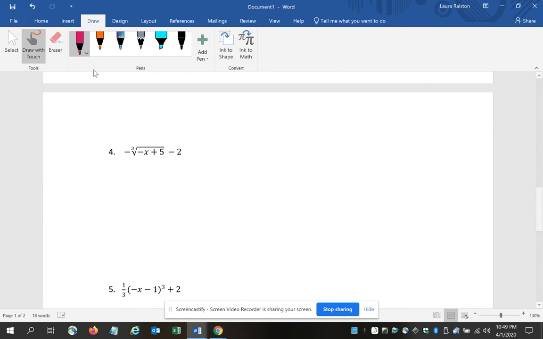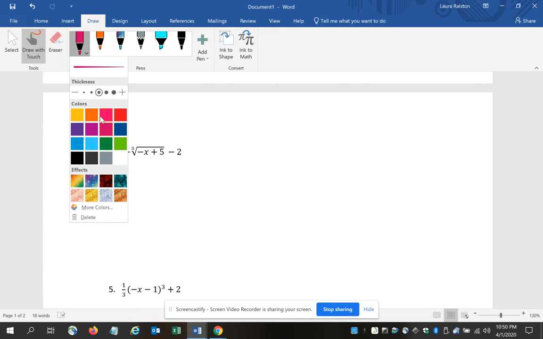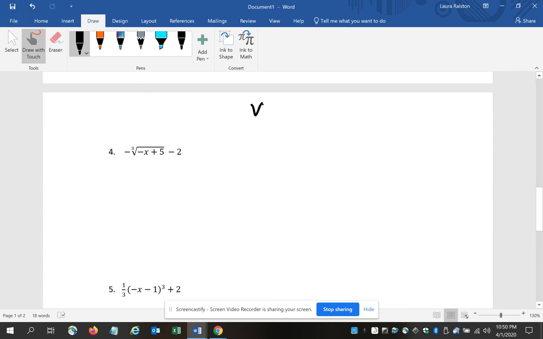All right, the fourth one we have the opposite, or the negative, of the cube root of -x plus 5 minus 2. So again, if I set up my little table, I have vertical translation, horizontal translation, reflection on x, reflection on y, and is there a vertical stretch or shrink?